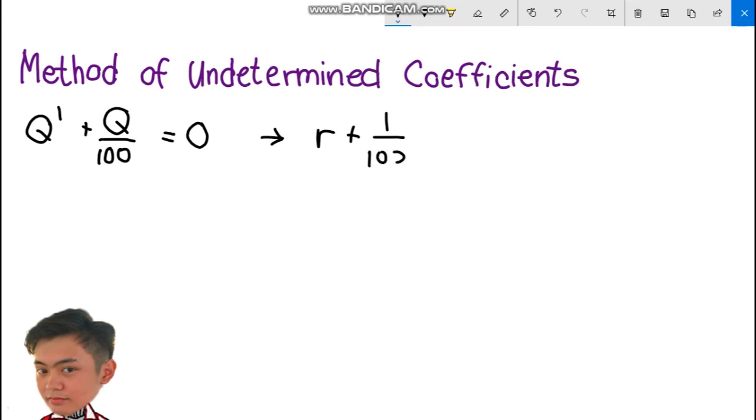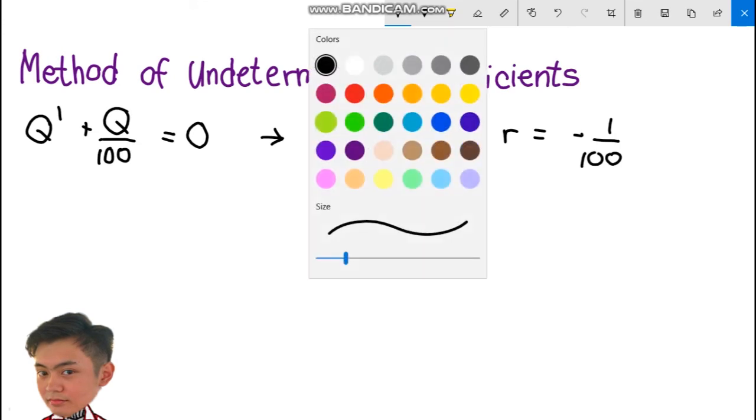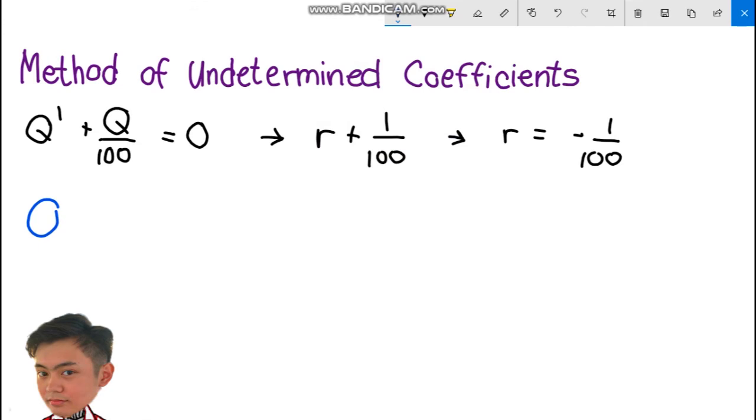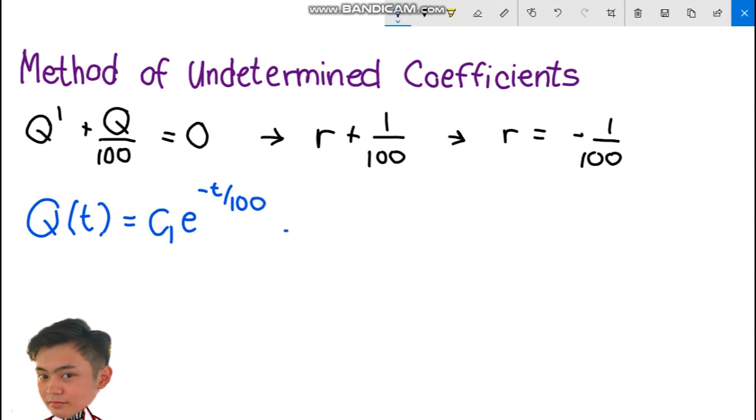Then we can determine r, which is negative 1 over 100. Then we're going to input it in our solution, which is Q(t) equals C1 e raised to rt, and r is equal to negative 1 over 100, so it is negative t over 100.